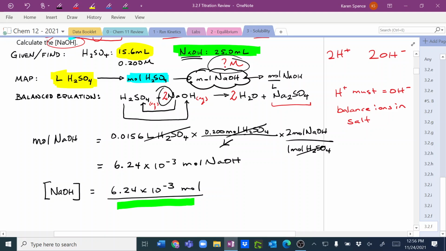So I can just plug it in there, but of course I need to change it to liters. 0.0250 liters. And we get 0.2496 molar.